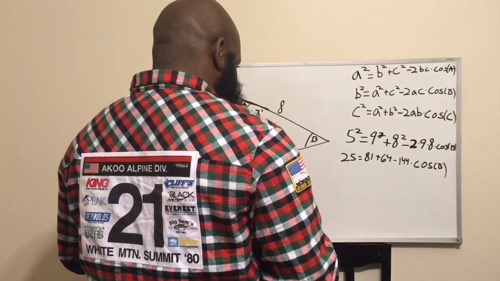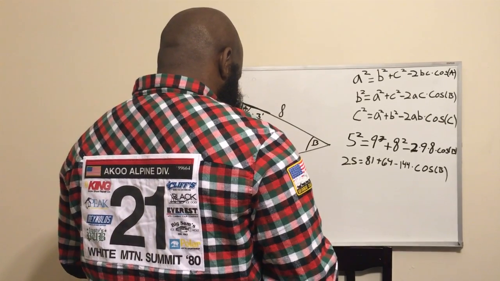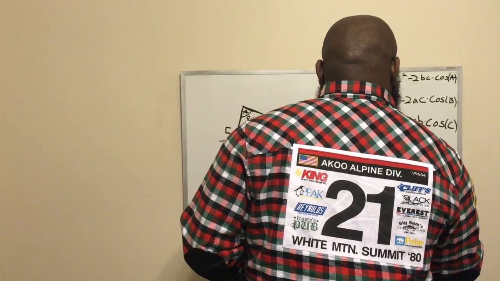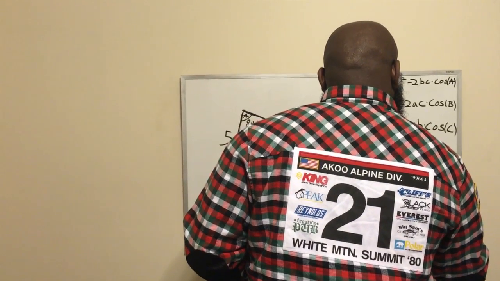So 25 minus 145 is negative 120, equal to negative 144 times cosine B.